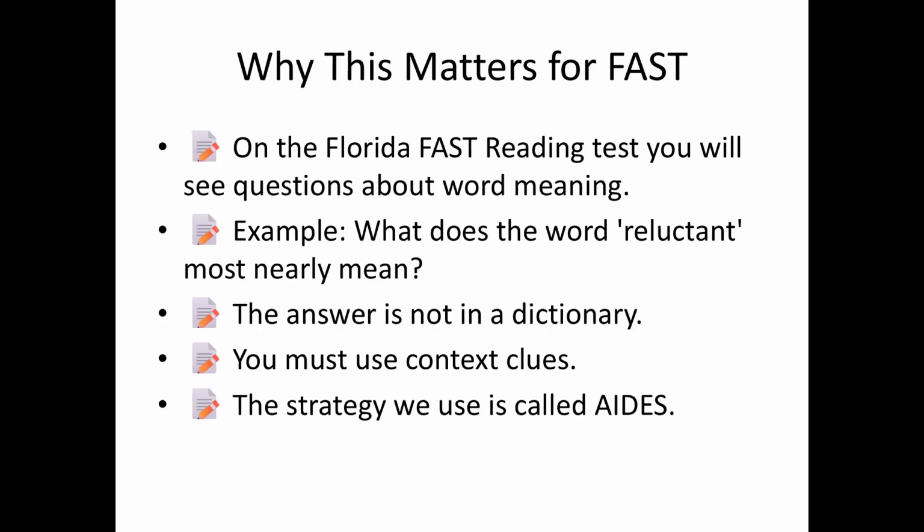So we're going to be using little strategies to help us find the meaning. Sometimes the meaning is not in your dictionary, whether it's your ELL dictionary or another dictionary. So what must we use? Context clues.